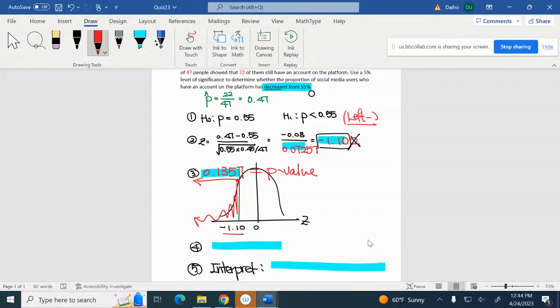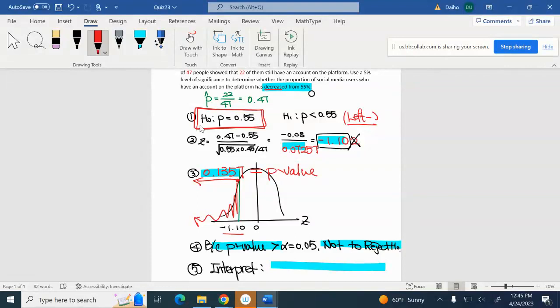Not to reject. So I have to say, because the p-value is bigger than alpha, which was 5%, not to reject the null hypothesis. Which one should I take, H0 or H1? H0. It said it is 55%.